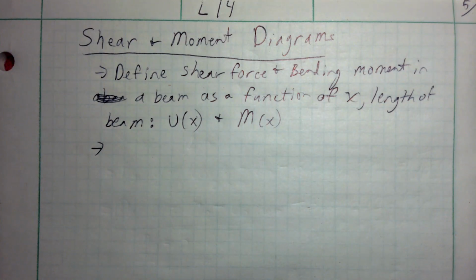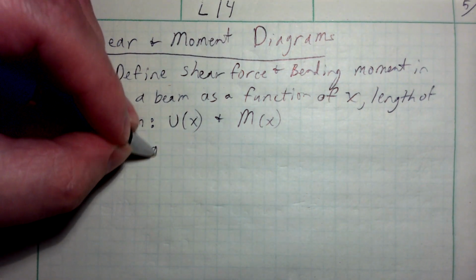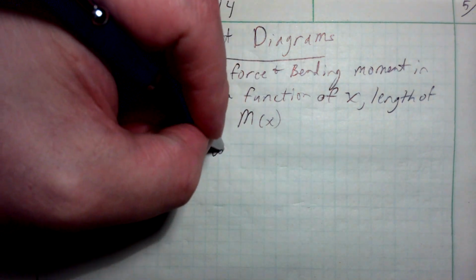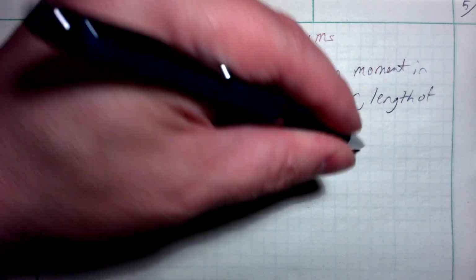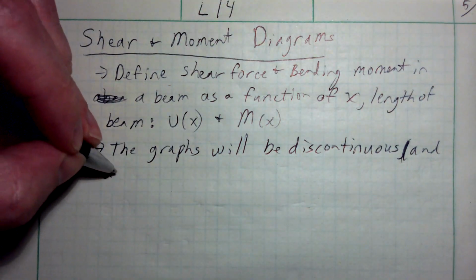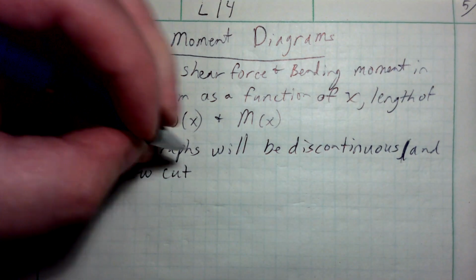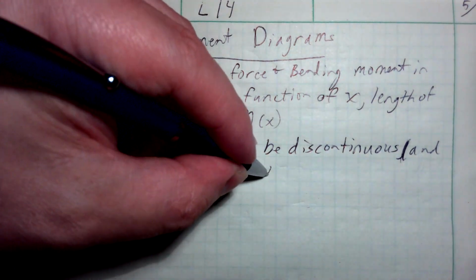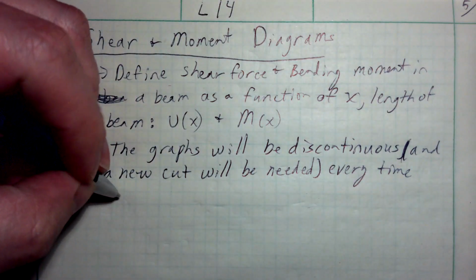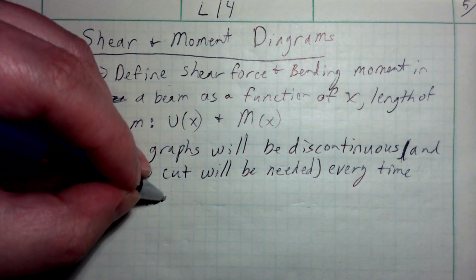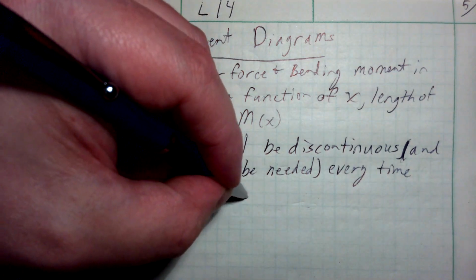And what we're going to find is the graphs will be discontinuous, and a new cut will be needed every time the loading changes.